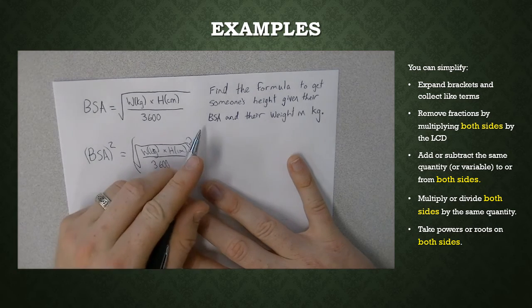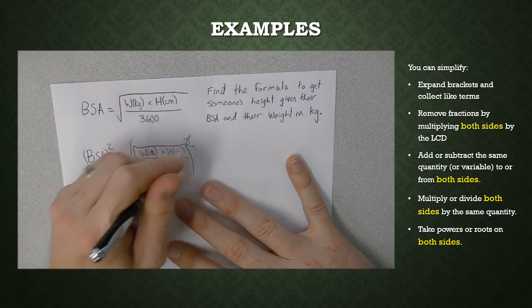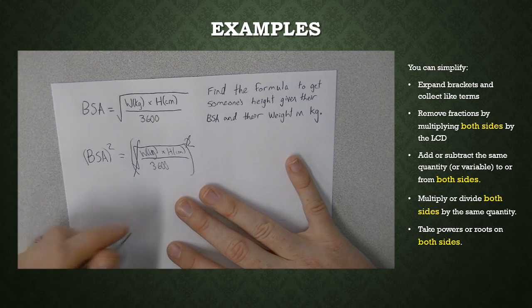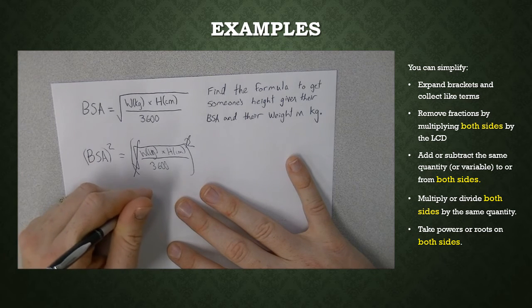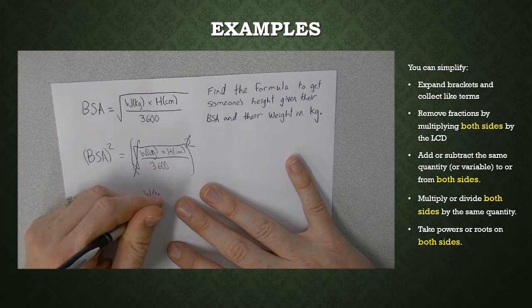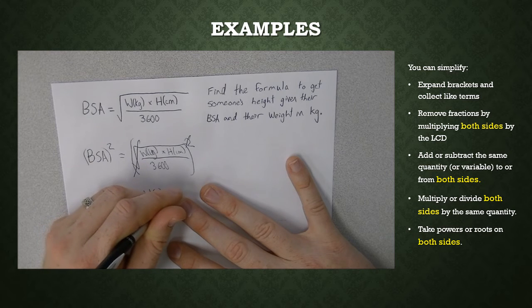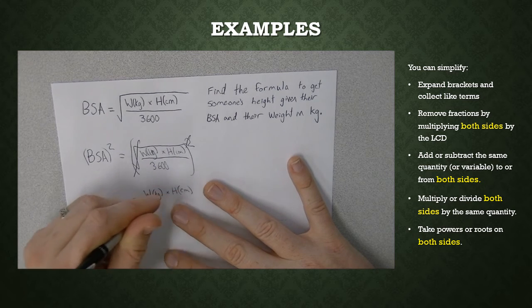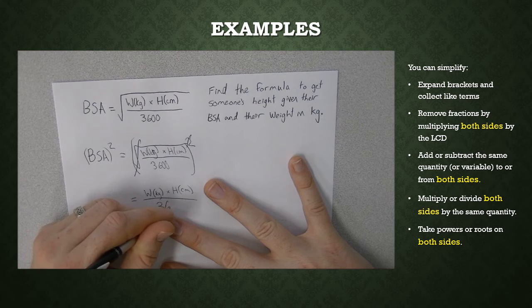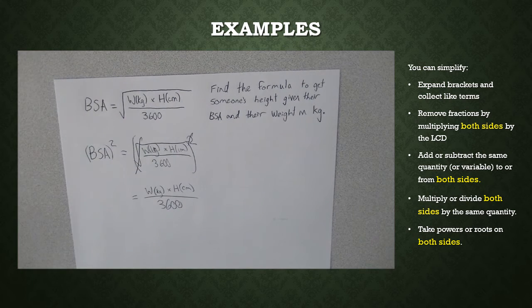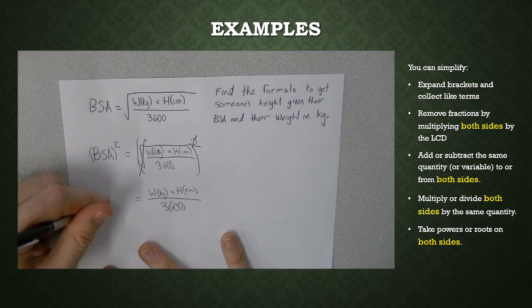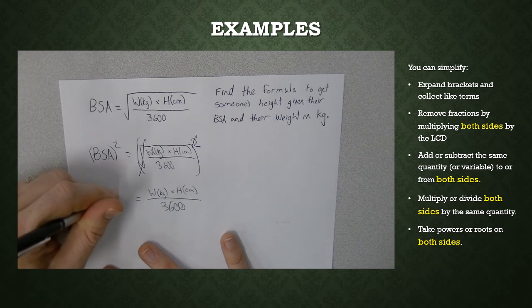Now when you square a square root, both of them cancel out, and what I'm left with is just weight in kilograms times height in centimeters all over 3,600. And so that is equal to BSA squared.